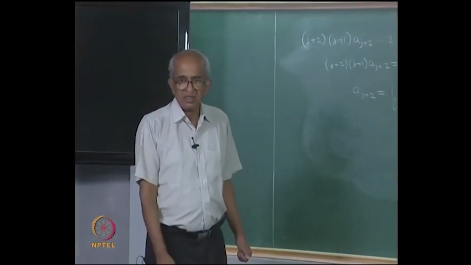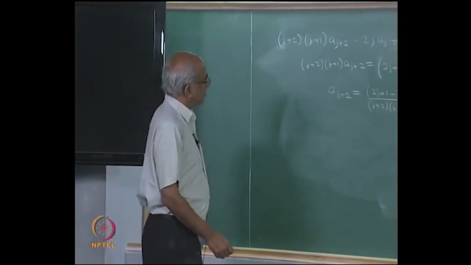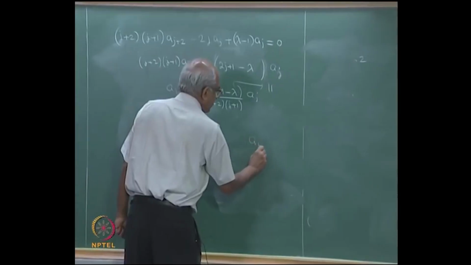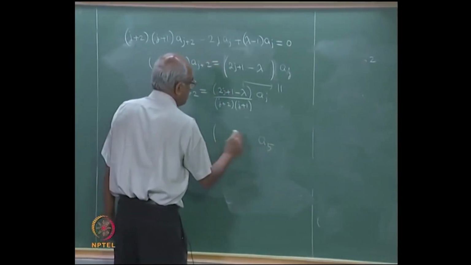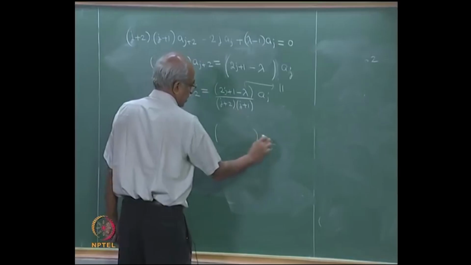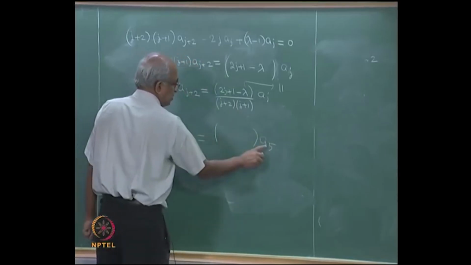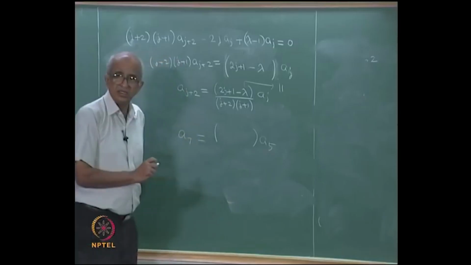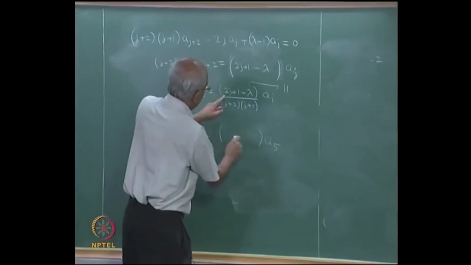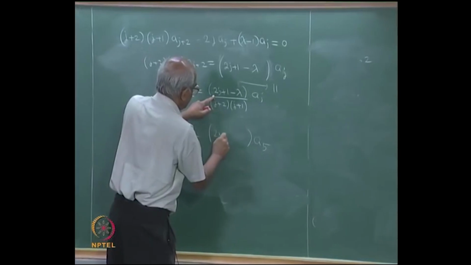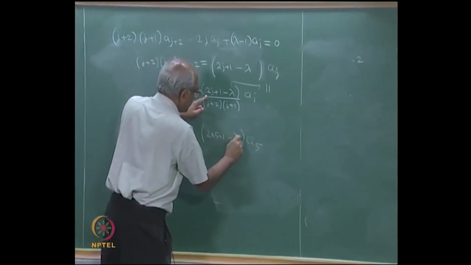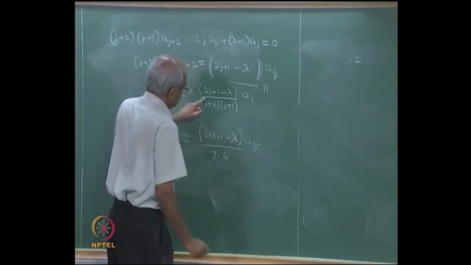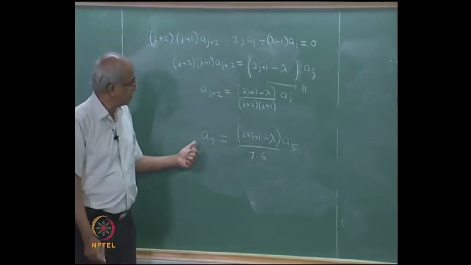Suppose I put j is equal to 5, on the right hand side I will have A5, on the left hand side I would have A7, but then I will have 2 into 5 plus 1 minus lambda divided by 7 into 6.